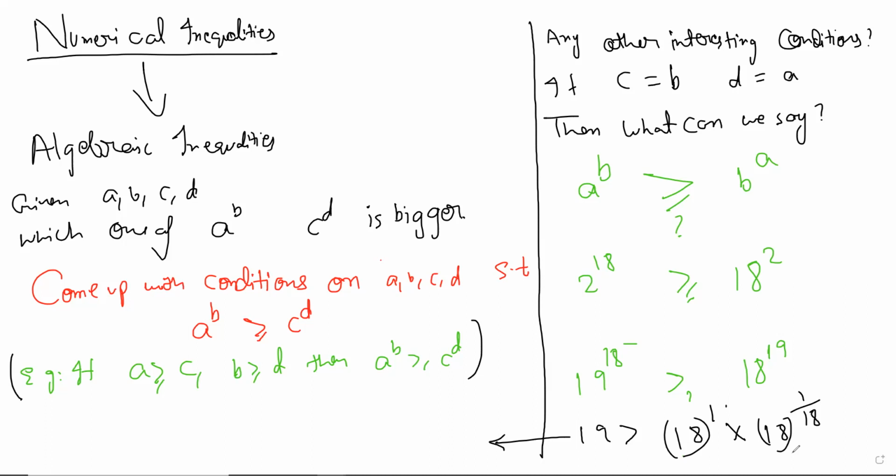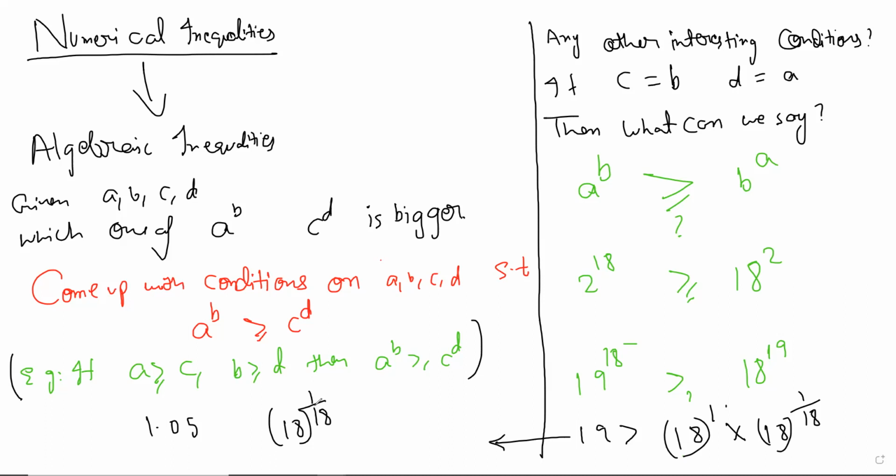Well, let's think. Right, 1.05, and then you have 18 to the power 1 by 18. From here, a little bit of binomial theorem, if you have done it, then it can be done very easily.